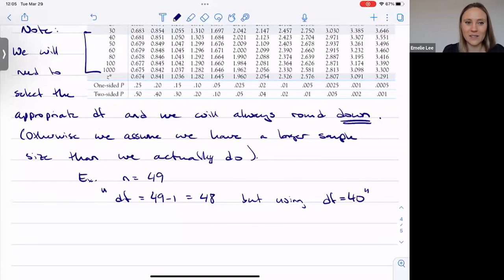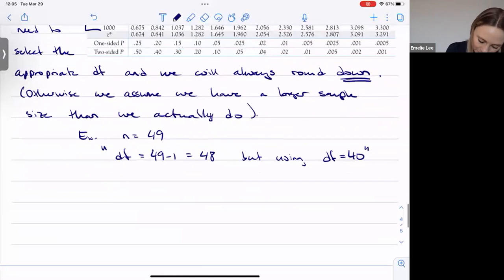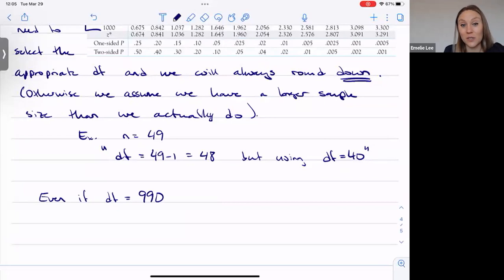Notice there's really no difference here, but for some reason it just feels painful to have to round down. So even if degrees of freedom is 990, we need to use degrees of freedom equal to 100.